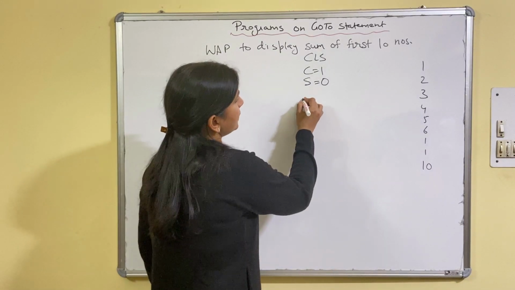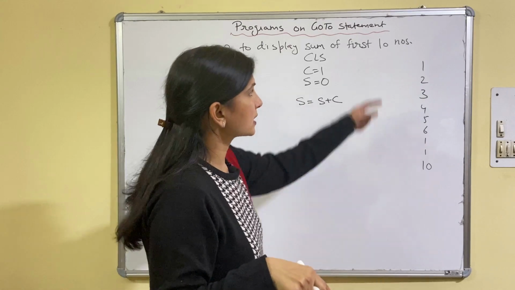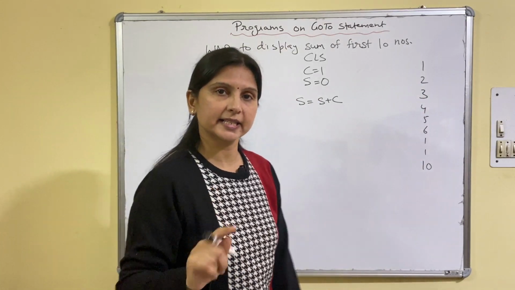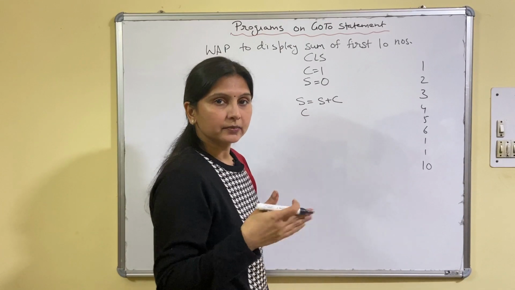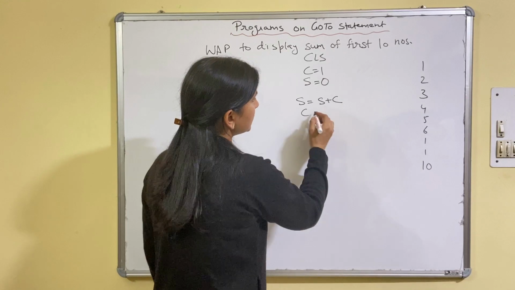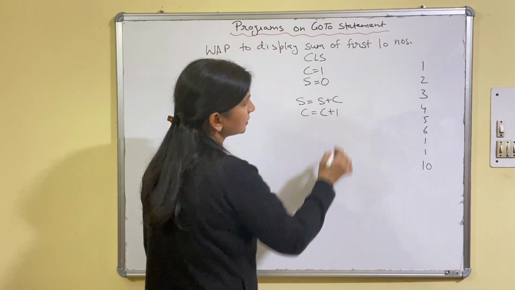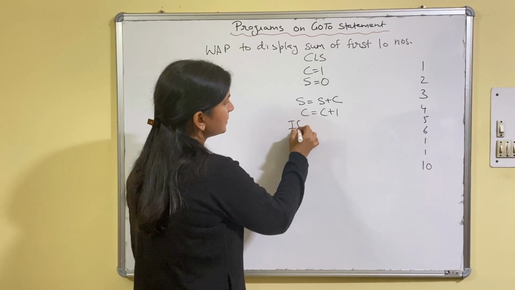Fine. So s equals s plus c. In this case only, because our counter and numbers are the same. S equals s plus c. So it keeps on adding the counter variable, which is 1, 2, 3. I am giving the increment to the counter variable, c equals c plus 1. Now the condition will be checked.